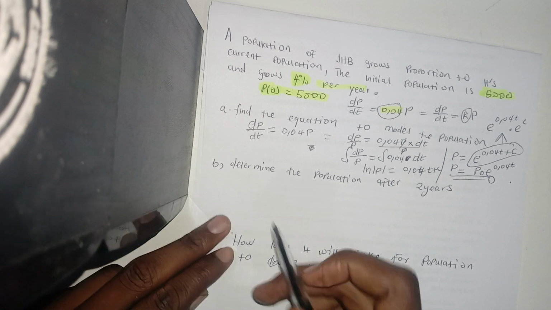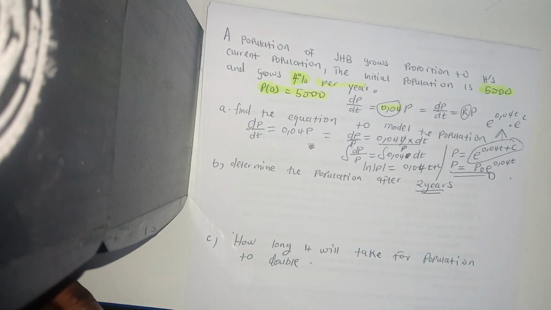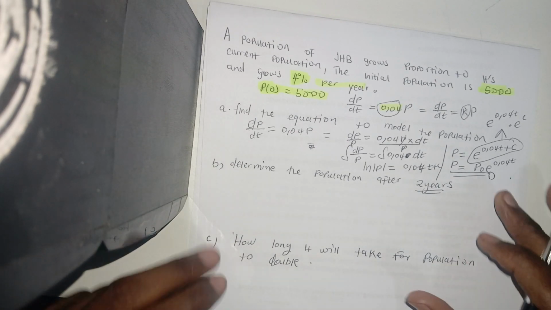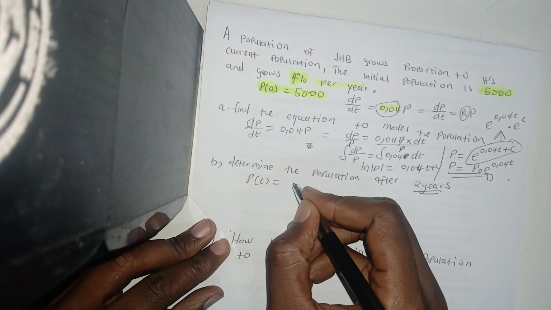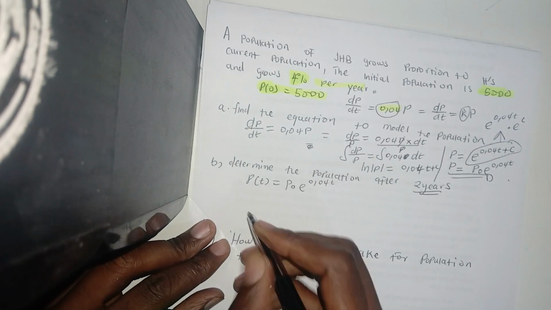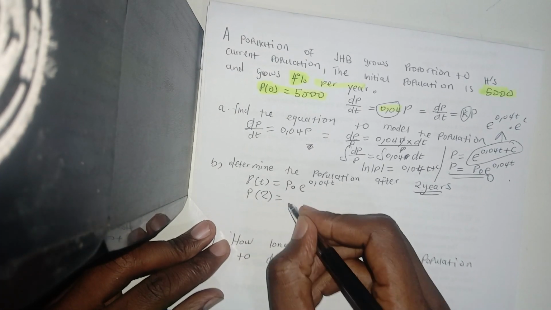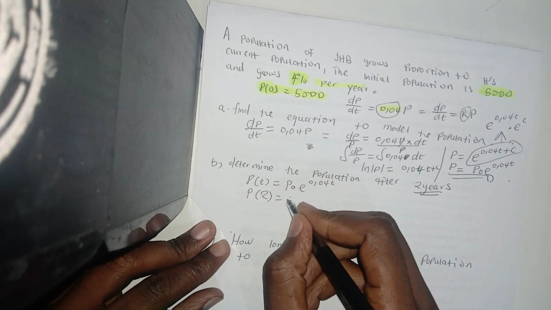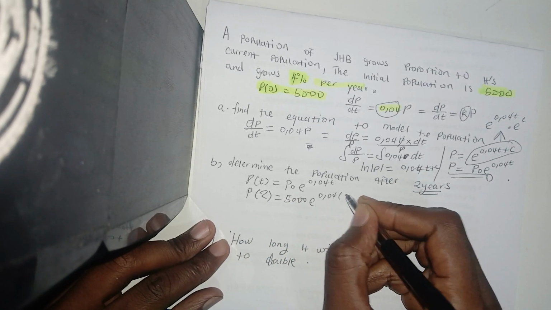Now, determine the population after 2 years. To determine the population after 2 years, we just have to use the exponential growth equation that we have. So t is just 2 years. What is the initial value? It's just 5,000. Then e to the 0.04 multiplied by 2.